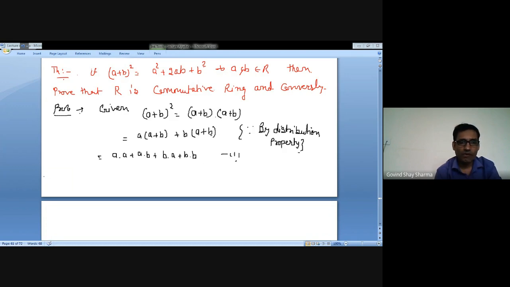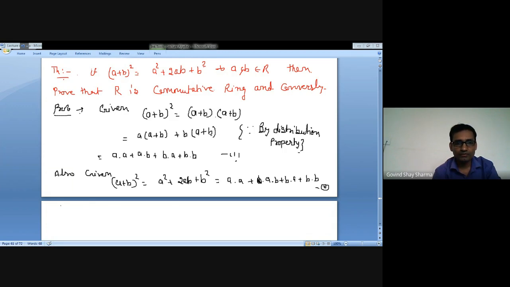Now also given (a plus b) whole square is equal to a square plus 2ab plus b square, by 1 we can write a dot b plus b dot a is equal to 2ab.